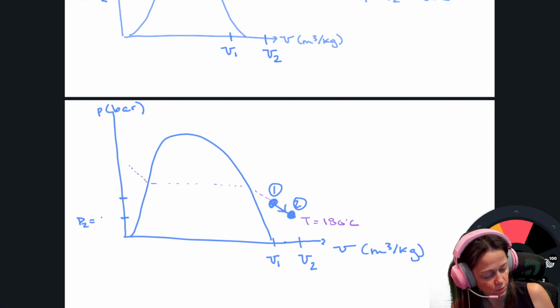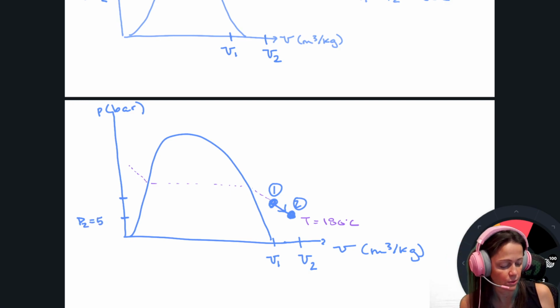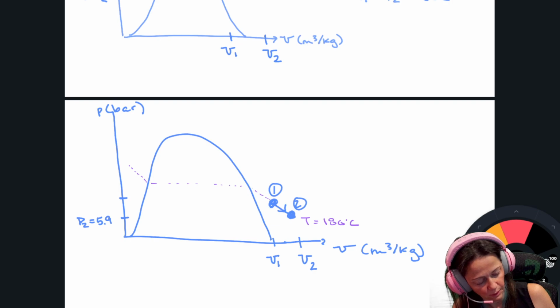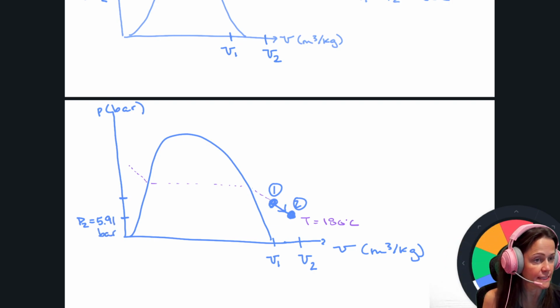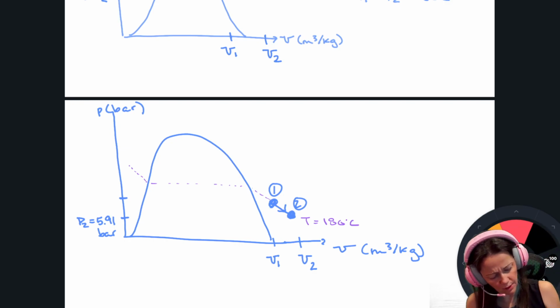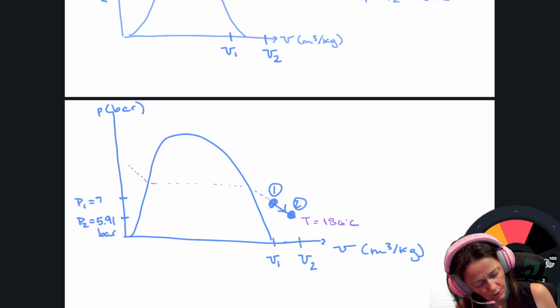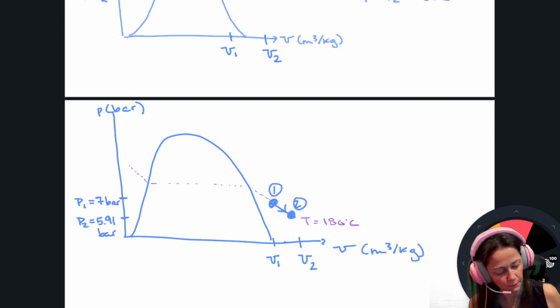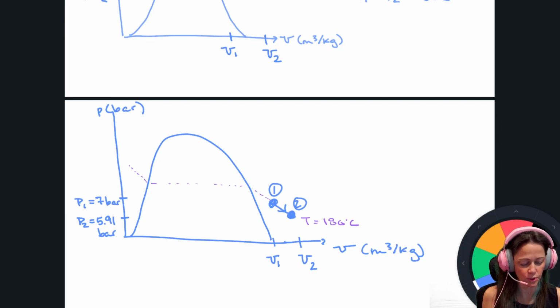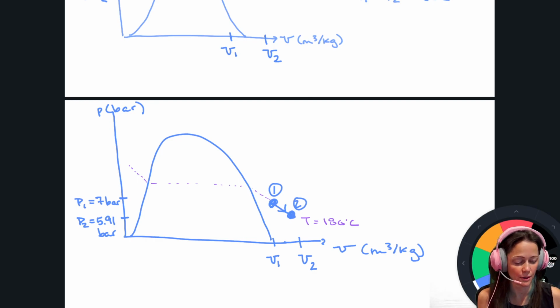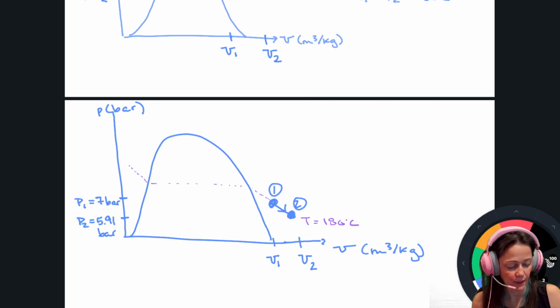So P2, I know I could have just put P2 and that would have been fine because I've already labeled this, but let's put it anyway just for completeness. And then state 1, we were given that it was 7 bar. And so all those values make sense, right? P1 is bigger than P2, so like where it's situated on the axis. And yeah, looks pretty good.